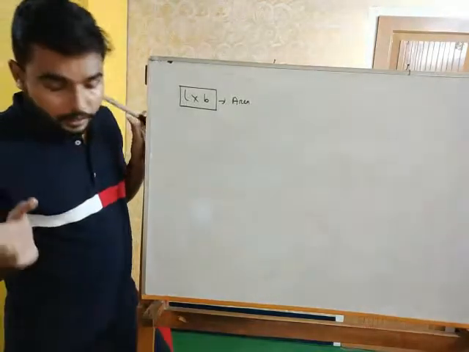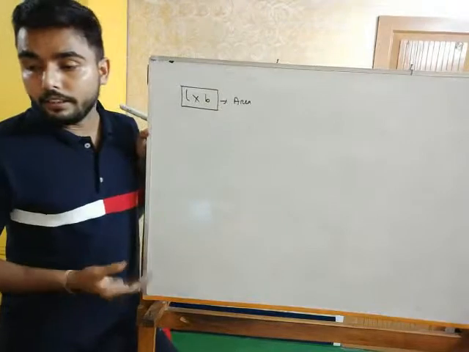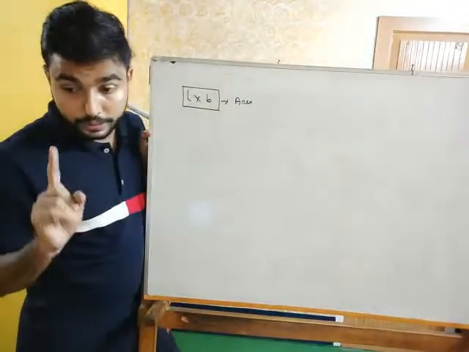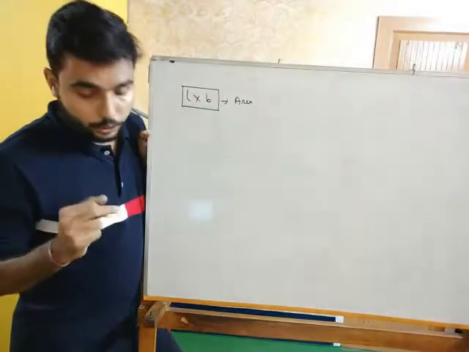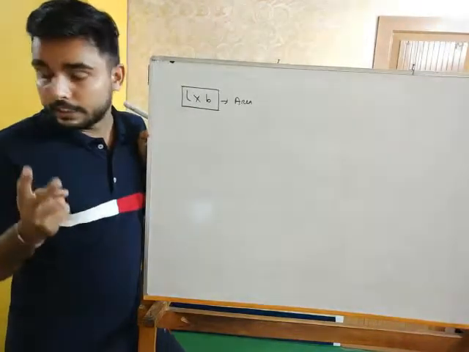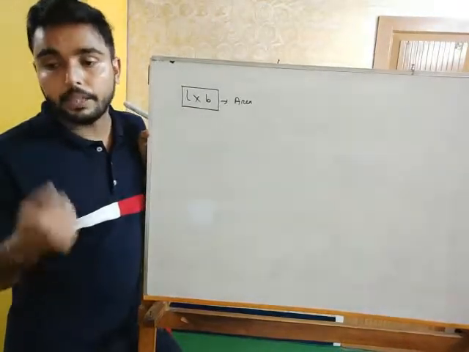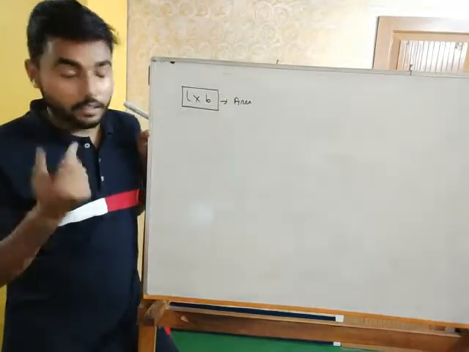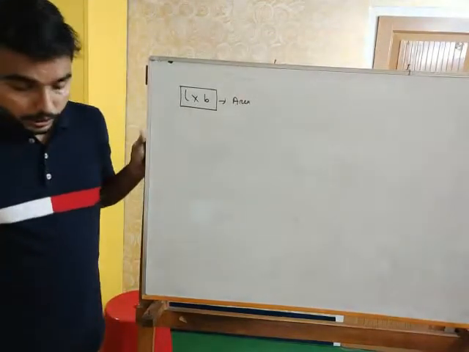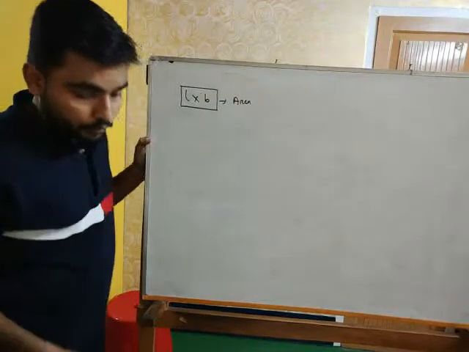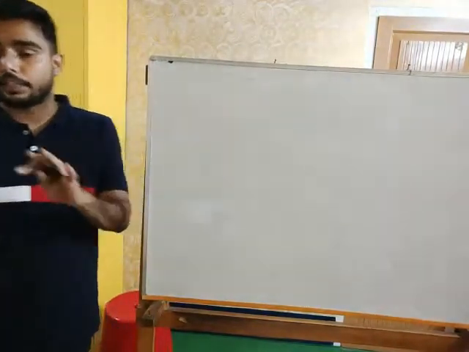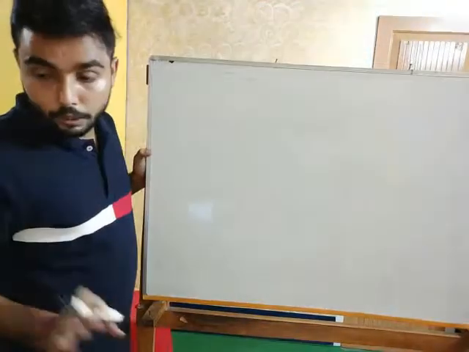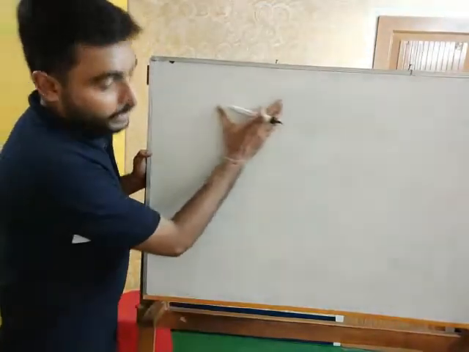Because the length depends upon the breadth. Read the question clearly: the length of the plot is one more than twice the breadth, meaning twice the breadth plus 1 will be the length. We need to find the length and breadth of the plot. So first you make the algebraic expression, the quadratic equation, then we will solve it.